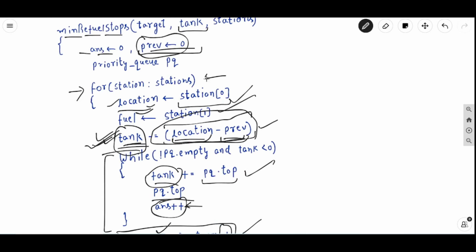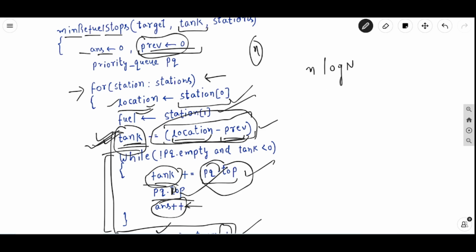So here I'm iterating over all of the gas stations. There are n gas stations, and here we can see that in this while loop I'm using a top operation and a pop operation. We know that if we have, let's say, n elements in the priority queue, then the pop operation requires log n time complexity.